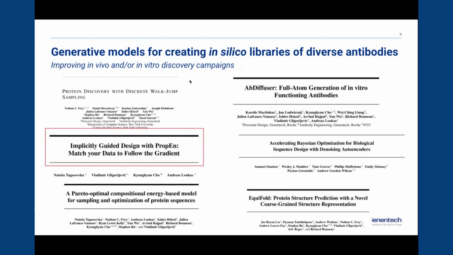If I have time, I will maybe focus on PropN, towards the end of this presentation, because this has been one of the most promising methods in our lab in the loop, with the highest binding rate and highest expression of antibodies produced by this model.